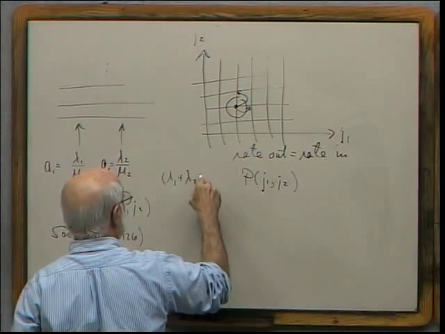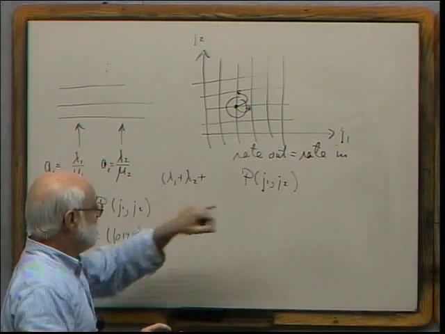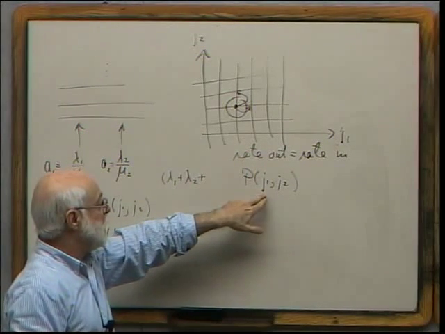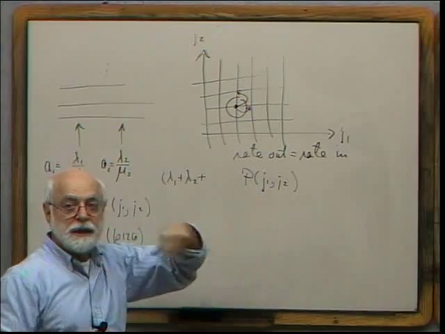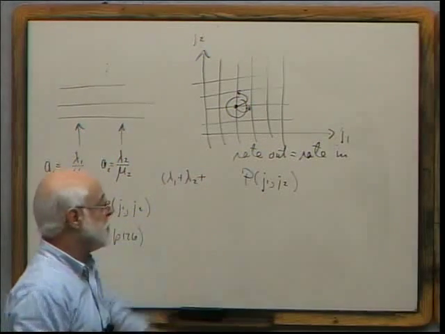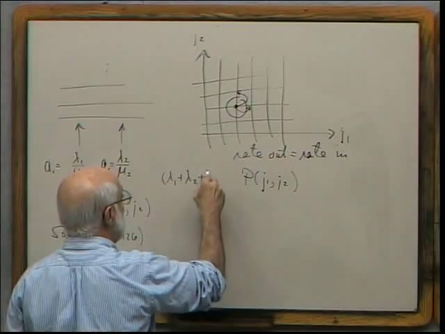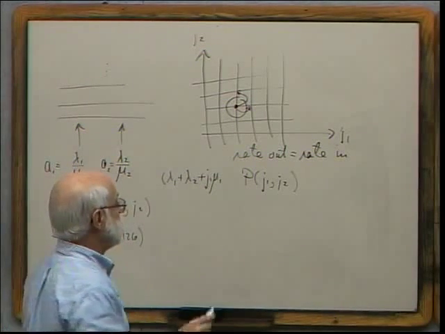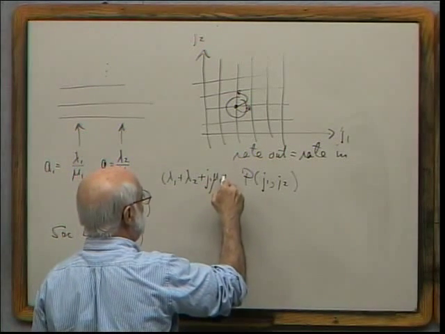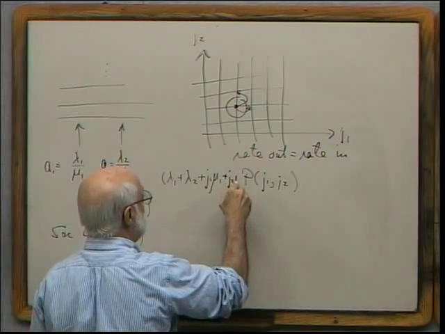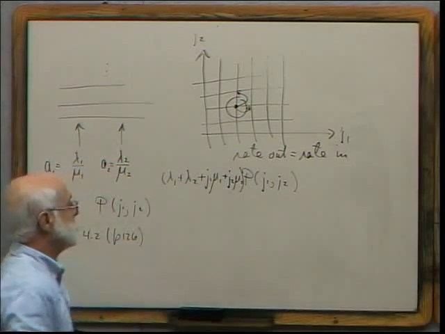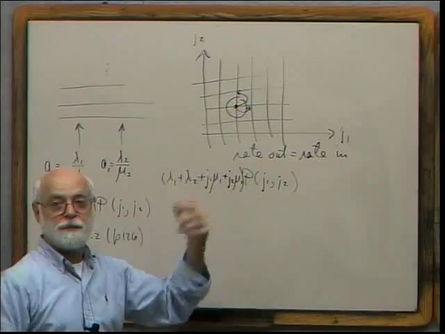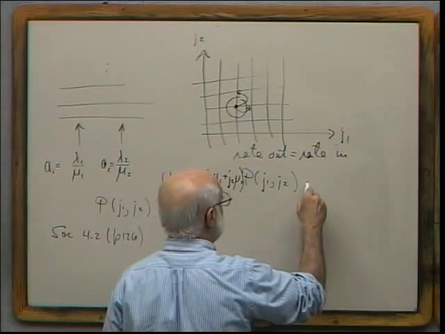Well, if I'm in state J1, J2, and I have exponential service times, then the rate at which the customers from stream 1 leave the system, that is, go to neighboring states, is going to be J1 mu 1. And the aggregate rate at which customers from stream 2 leave the system is J2 mu 2. So we have exactly the analogous thing we had before, except that now we have to consider the two different streams. So this is the rate out from state J1, J2.